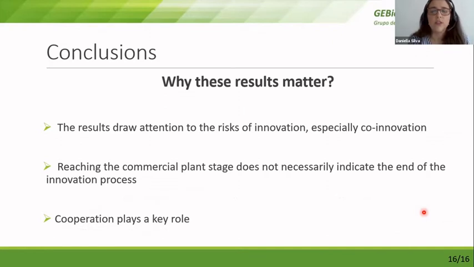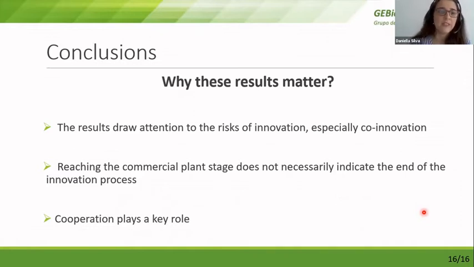So to conclude, why do these results matter? First, the results draw attention to the risks of innovation and especially co-innovation. And also, reaching the commercial plant stage does not necessarily indicate the end of the innovation process.